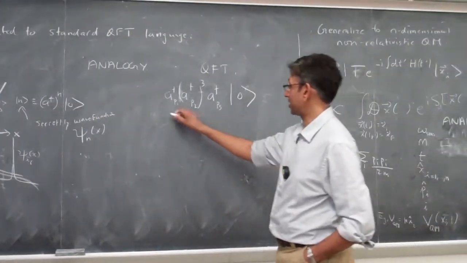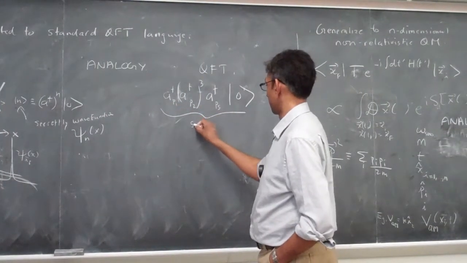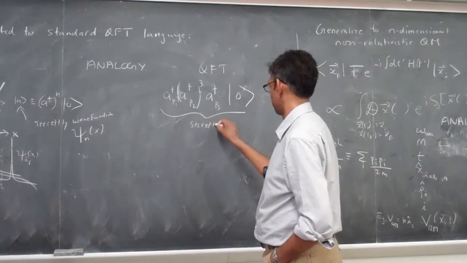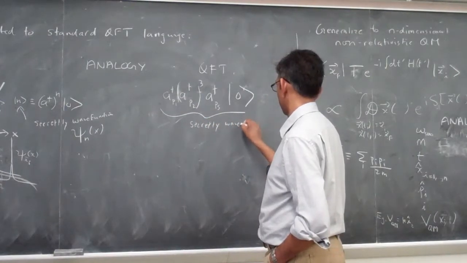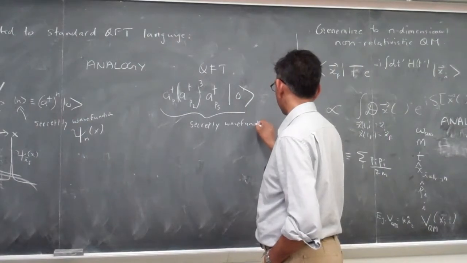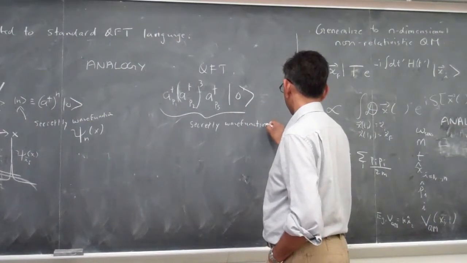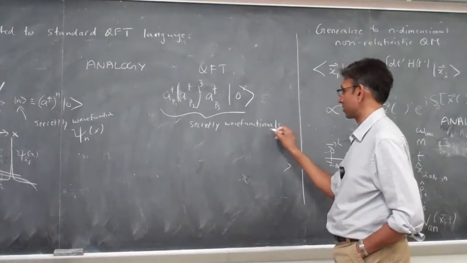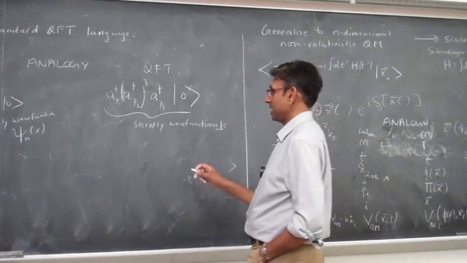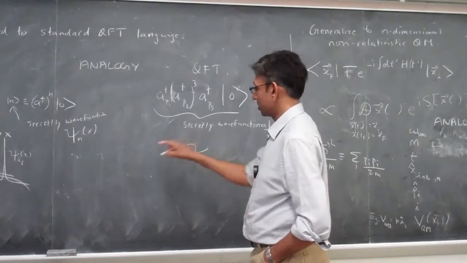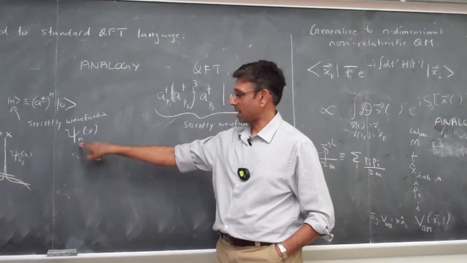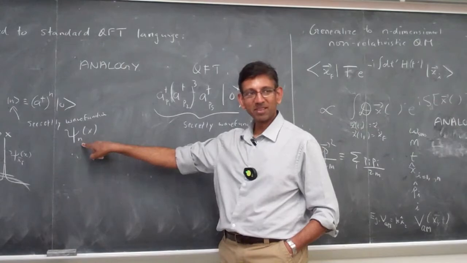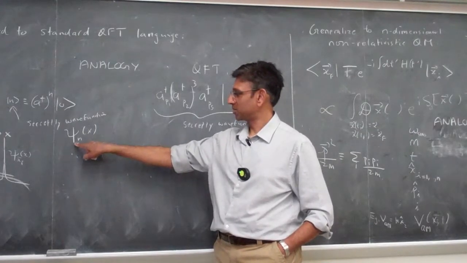These are secretly, they're also wave functions, but they're secretly wave functionals, meaning there is some, so this is like an amplitude. I'm in the state called n, and this is the amplitude to be at x.